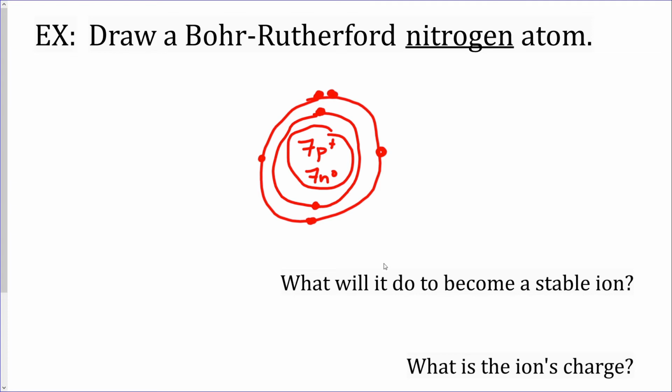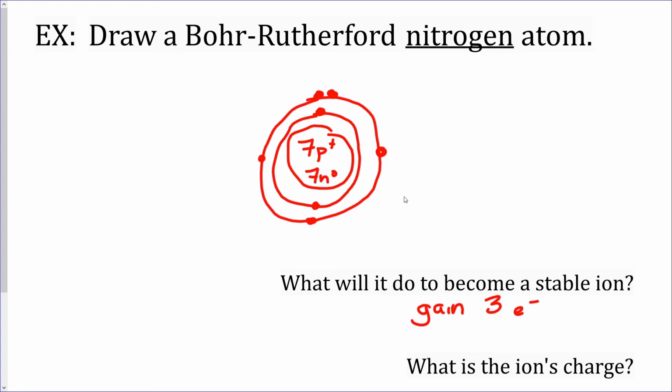All right, what will this one do to become a stable ion? Well, it's got 5 in the second orbit. We know the rule is to 8, so it can have up to 8. So what could it do? It could gain 3 more, or it could lose all 5 and drop down to the first orbit. Again, we choose the smaller of the two numbers, so gaining 3 is easier than losing 5. So what will it do to become a stable ion? It will gain 3 electrons.